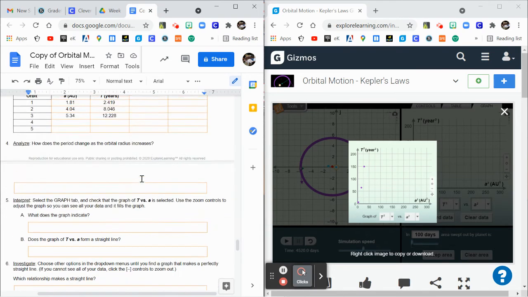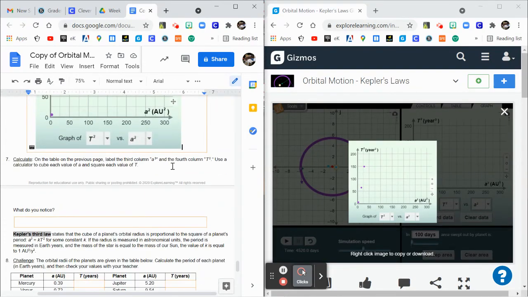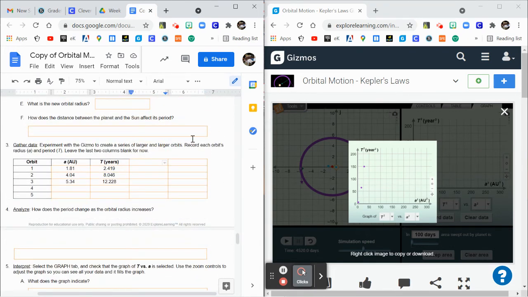So let's take a look here. So a cubed and t squared.